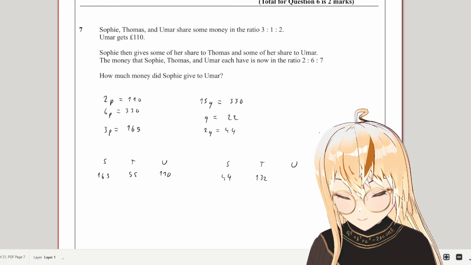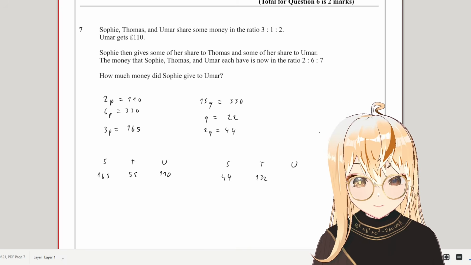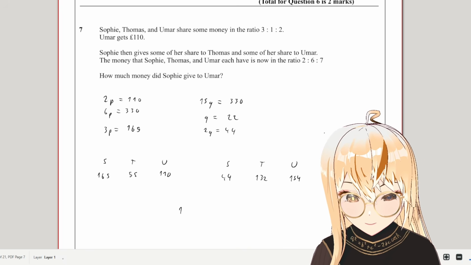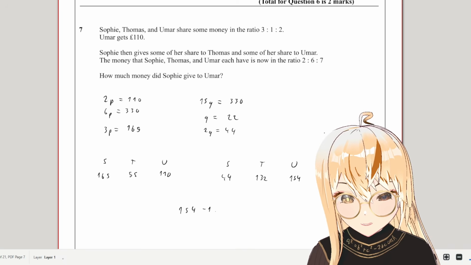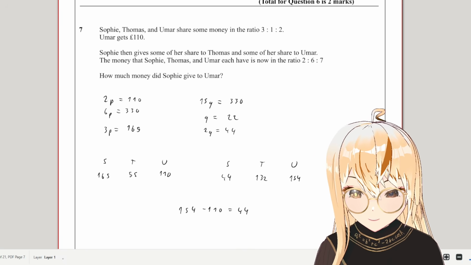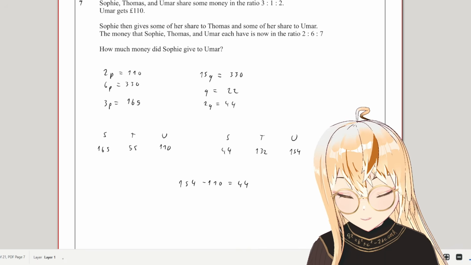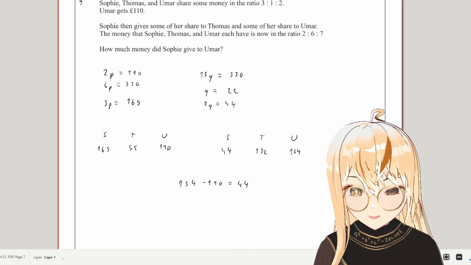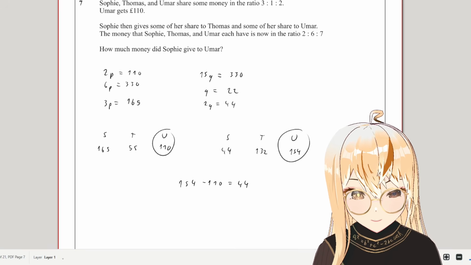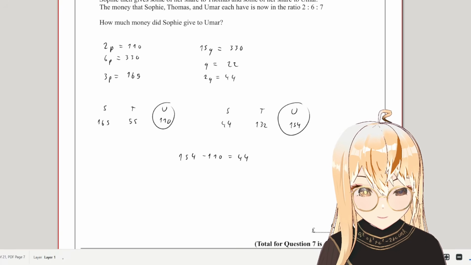Then Umar has 7, which is 154. So, I mean, you could just easily do 154 minus 110, which would be 44 given to Umar by Sophie. That could have been done a little bit simpler, I guess, because we only needed to really work out Umar before and after. But yeah, just for completeness, I suppose.